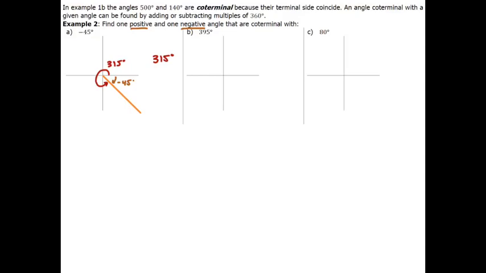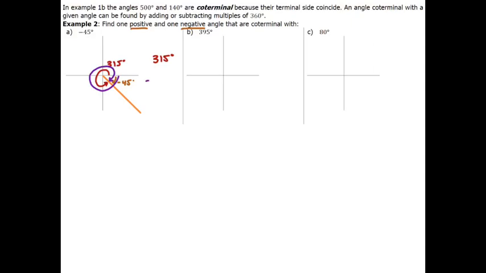All right, let's try for that negative angle that is coterminal. So if this is negative 45, then another angle that's going to be negative that is coterminal with negative 45 would mean we're going clockwise. That's how we measure a negative angle, but we're going to go all the way around the circle and then come back down again. So we're just going to take negative 45 and add another negative 360 degrees.